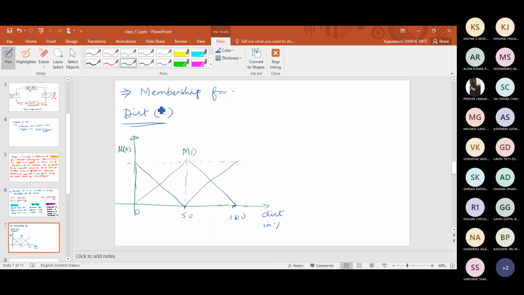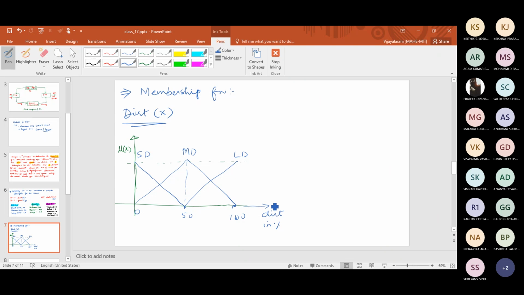So this is large dirt, this is small dirt. This is 0, 50, 100. So we have small dirt, medium dirt, and large dirt: SD, MD, LD. This is how I have developed the membership function.